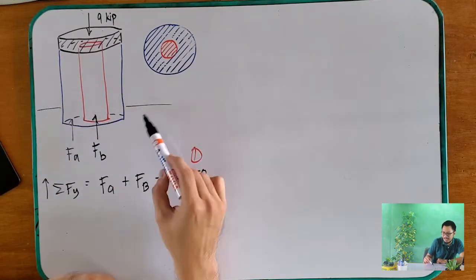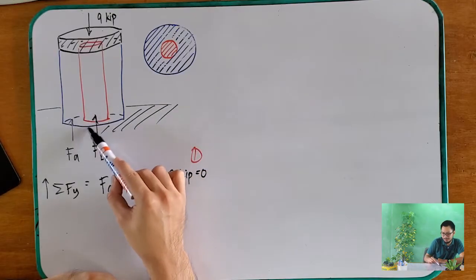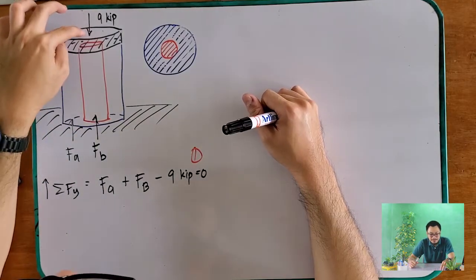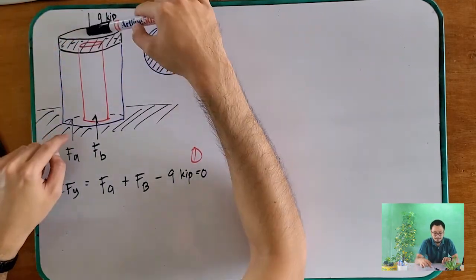Now, how do we solve this? What is our compatibility equation here? Since the bottom is a rigid floor, and the top is also rigid, both the top and bottom deform. And what is the relationship between the deformation of our aluminum and brass? They are equal.